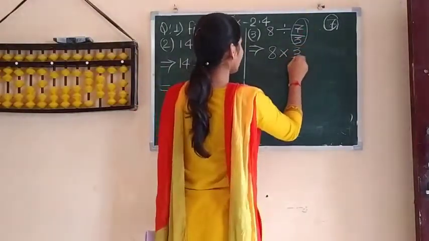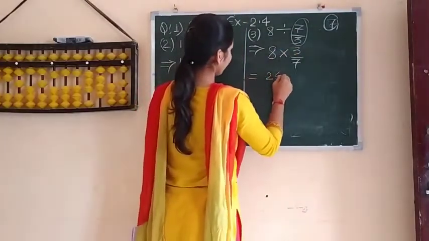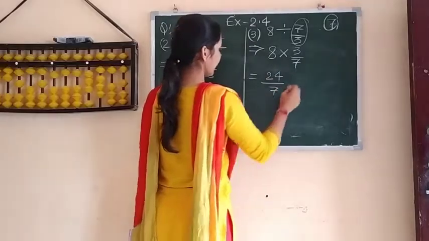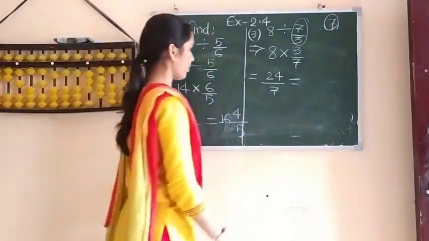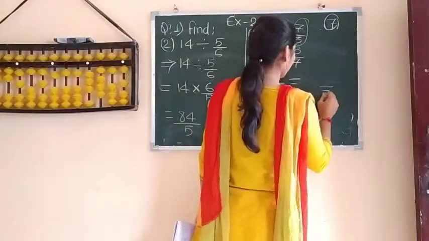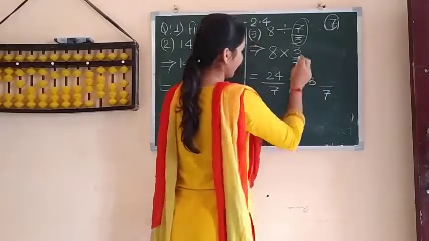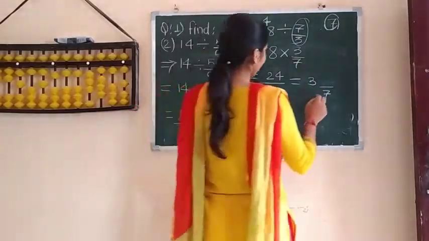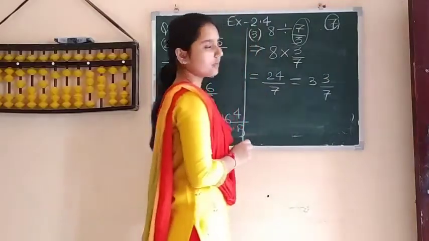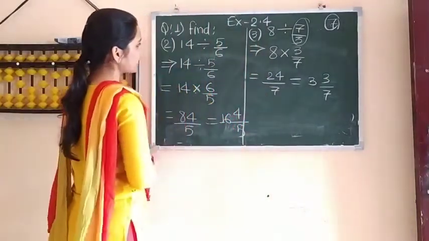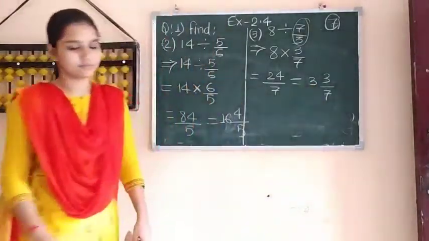So what it will become? 3 by 7. 3 8s are 24 upon this 7. If you want, you can write it into a mixed fraction also. So how you will write? 7 3s are 21 and 21 plus 3 is 24. Okay. So this is the representation into a mixed fraction, 3 3 by 7.